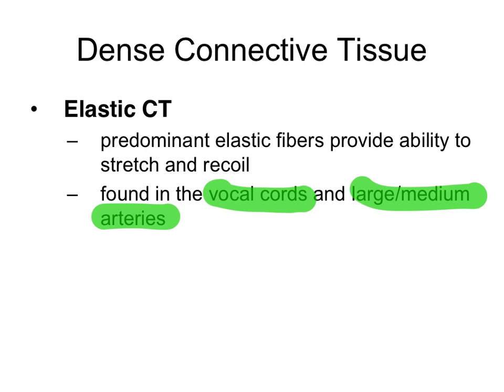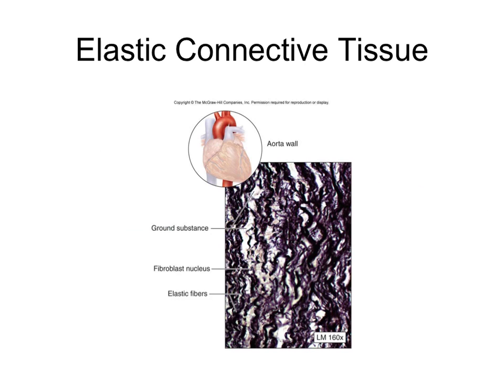So that is the end of the connective tissue proper section. So those are the connective tissue proper, all those kinds. Okay, so now we're going to move on to the second kind of connective tissue. After we see a picture of elastic connective tissue, so lots and lots of elastic fibers here, right?